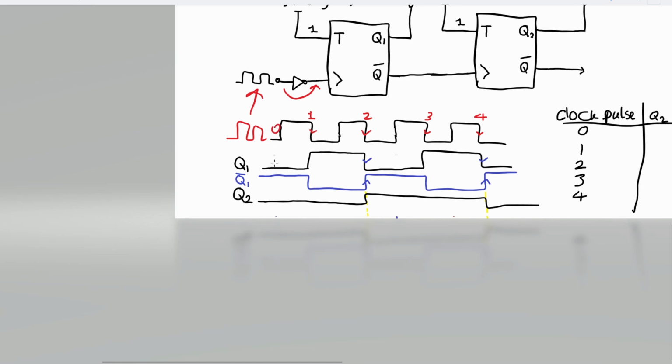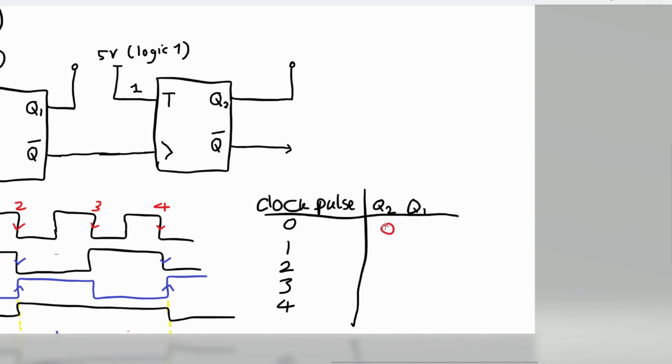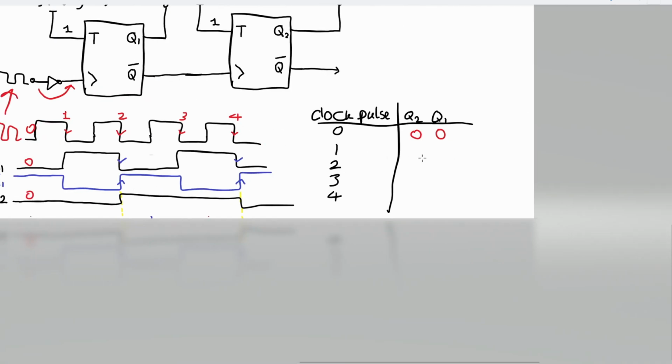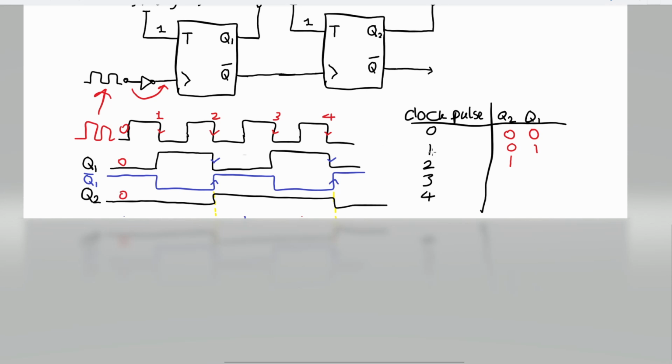So on the 0 pulse, we can see that Q1 is 0, Q2 is 0. On the first falling edge, we can see that Q1 is 1 and Q2 remains 0. On the second pulse, we can see that Q1 is 0 and Q2 becomes 1.